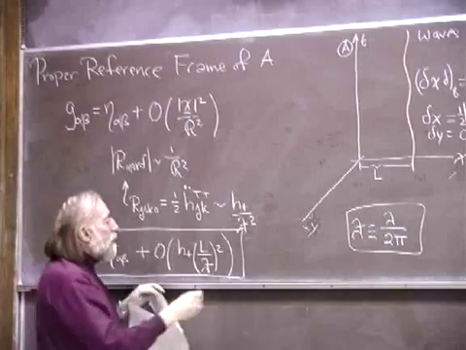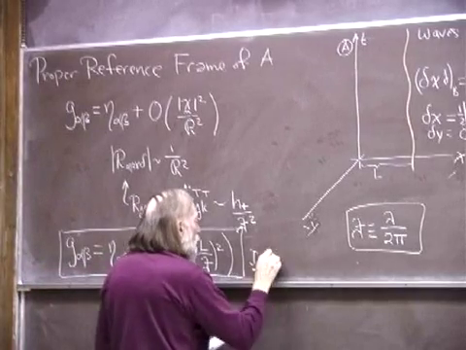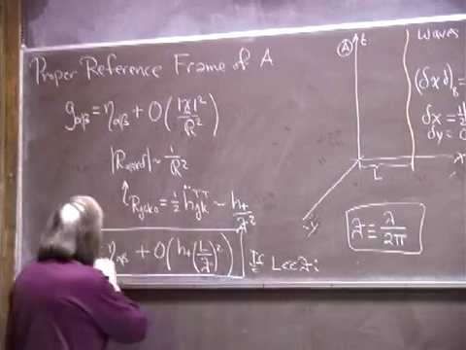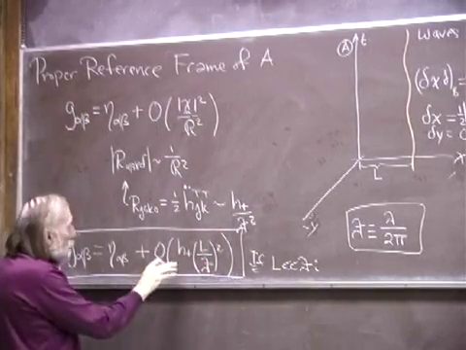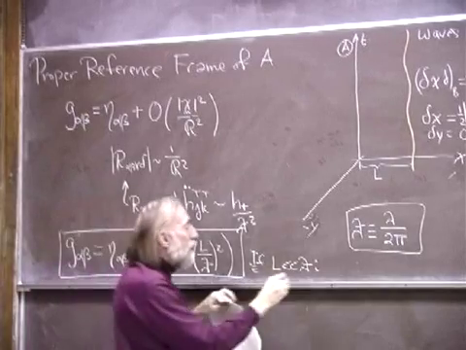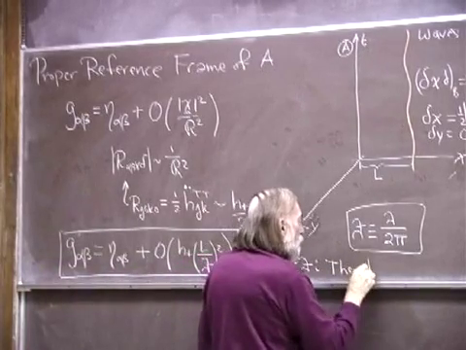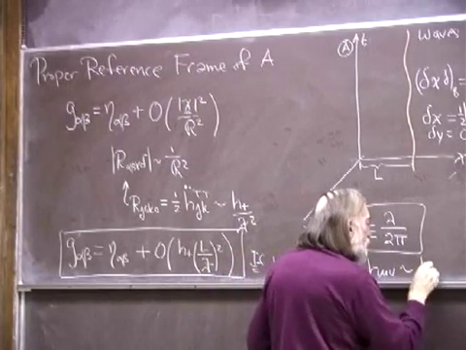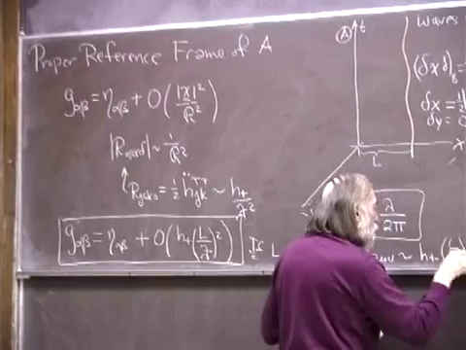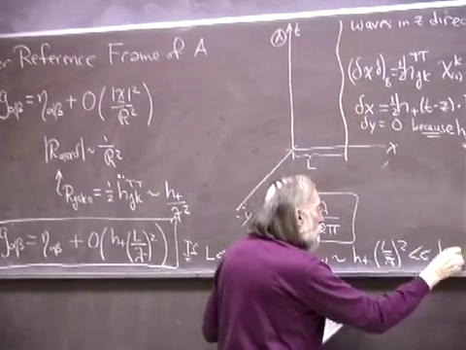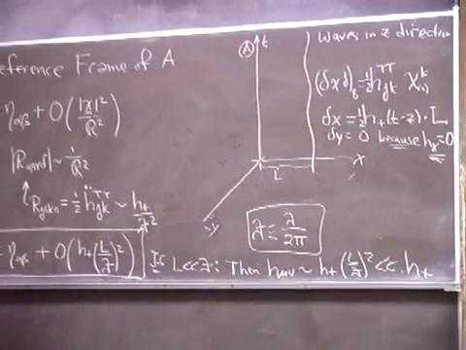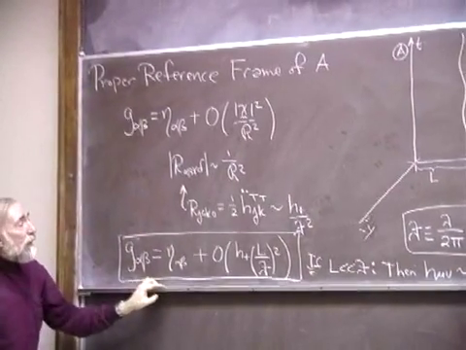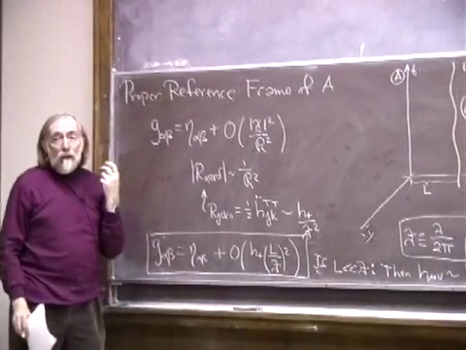And so what this says is that if L is small compared to lambda bar, then the metric perturbation in this reference frame, let me call it H mu nu, which is of order H plus times L over lambda bar squared, is small compared to H plus in this reference frame. And that's why this is the kind of reference frame you want to use when talking about physical measurements.